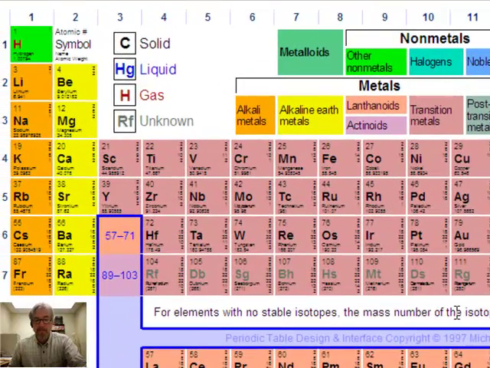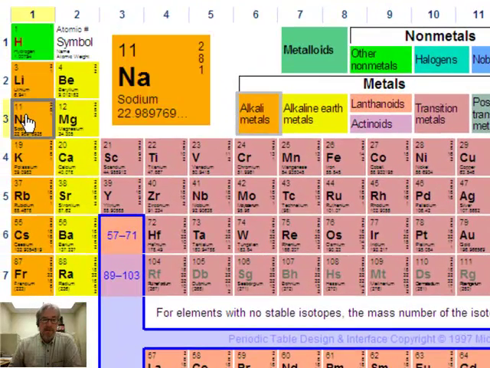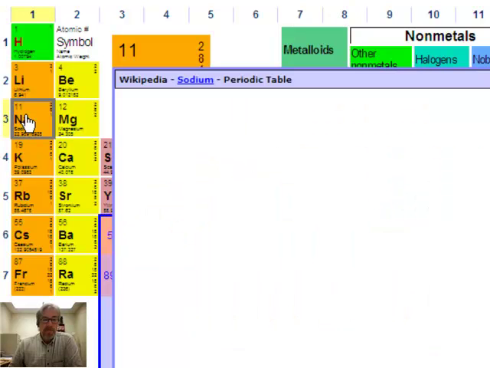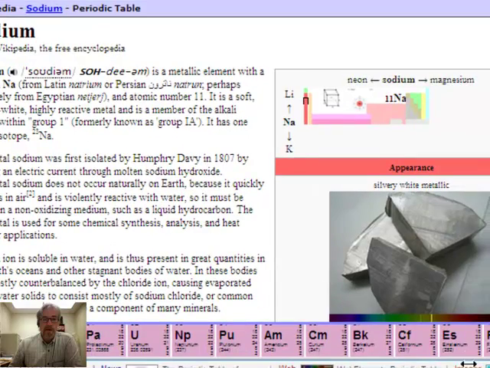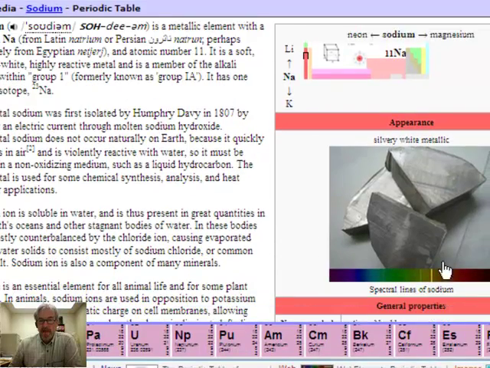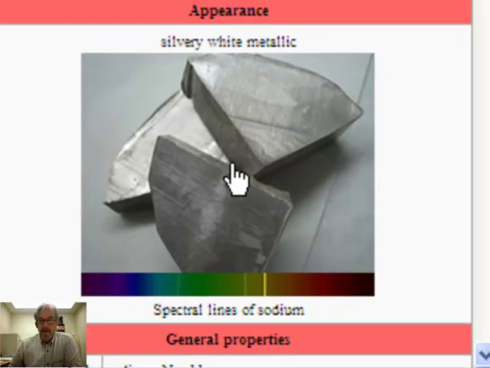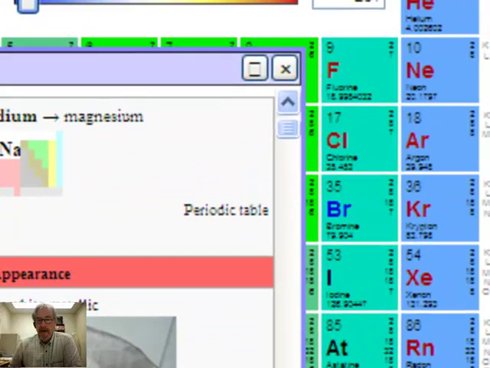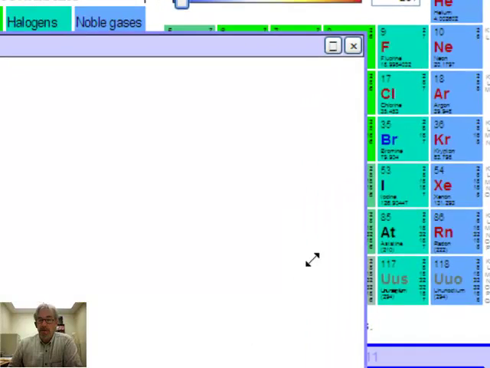For example, if I take a look at sodium here, and I click on it, I get a picture of what sodium is like. It's a silvery metal. It turns out to be extremely reactive. When it reacts with water, it makes something called a base. On the other hand, if I click on chlorine, I'll get some information about it.